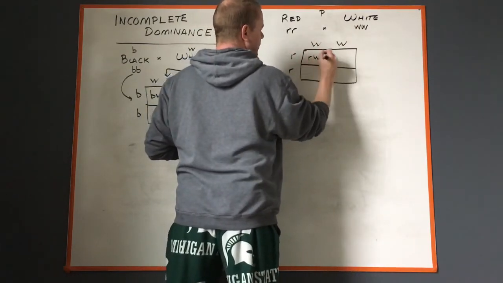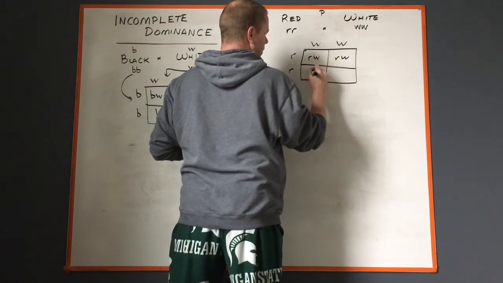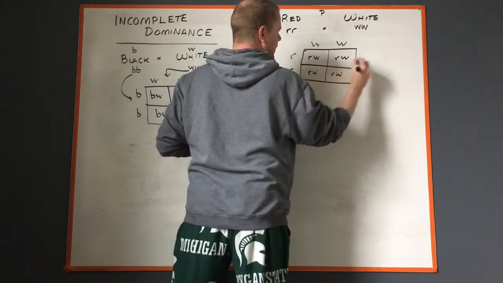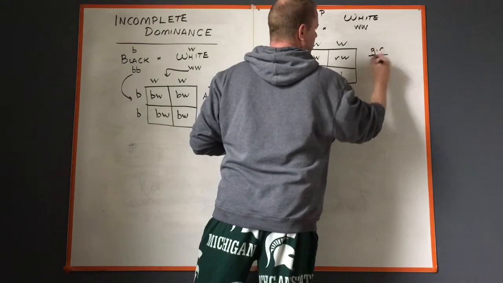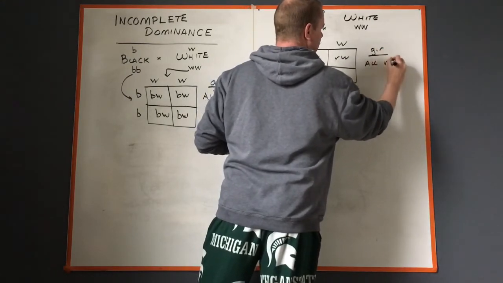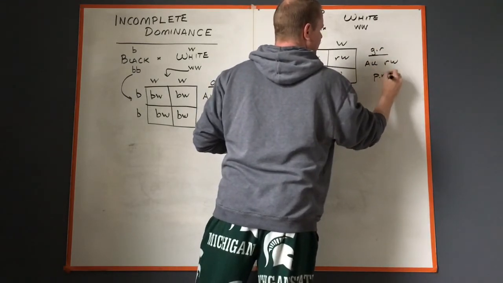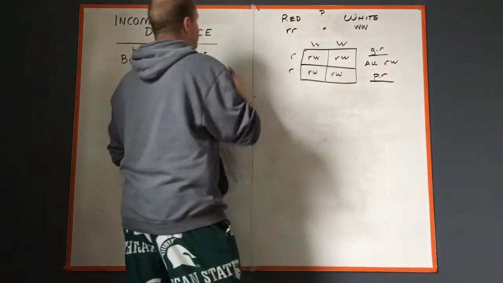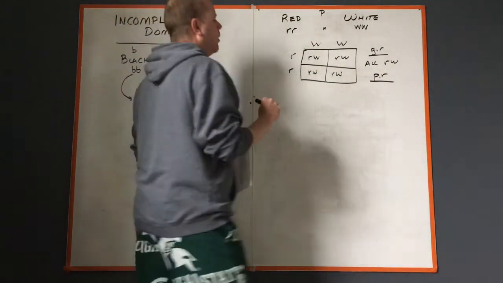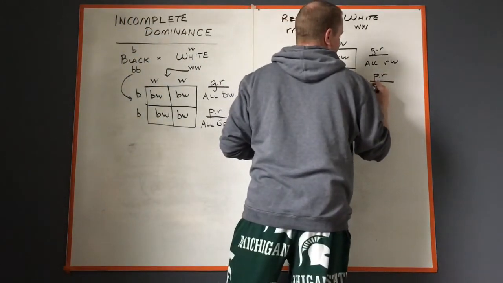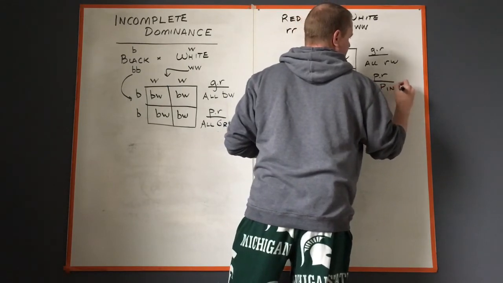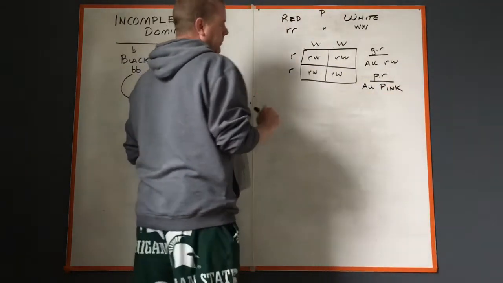So they'd all end up being RW, RW, RW, RW. And so the genotypic ratio would be all little r, little w. But the phenotypic ratio in this case, because it's incompletely dominant, they would all be pink. Okay?